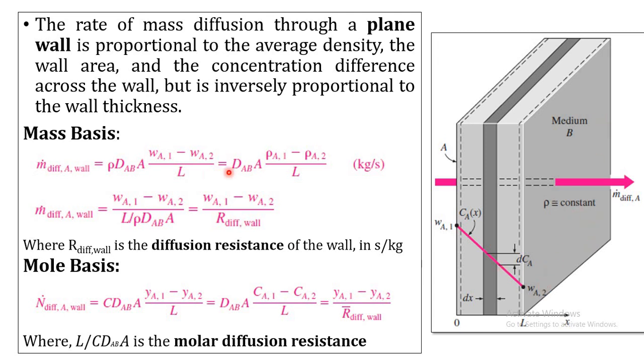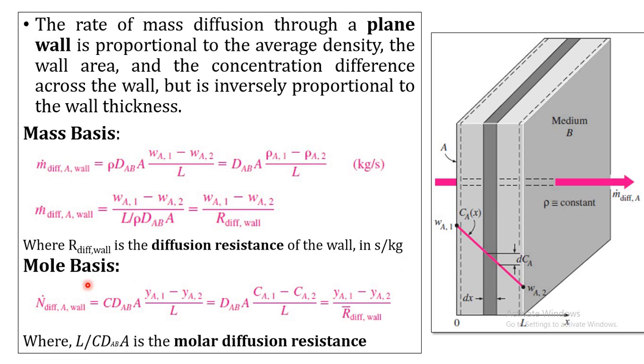That is equal to A DAB (rho A1 minus rho A2) by L, if rho is constant. So we can rewrite this equation with the denominator L by rho A DAB as the diffusion resistance. Its unit is seconds per meter.